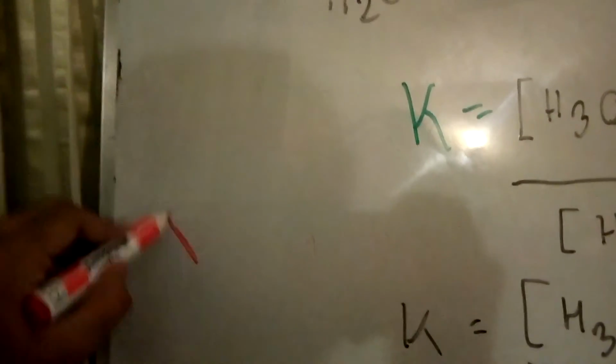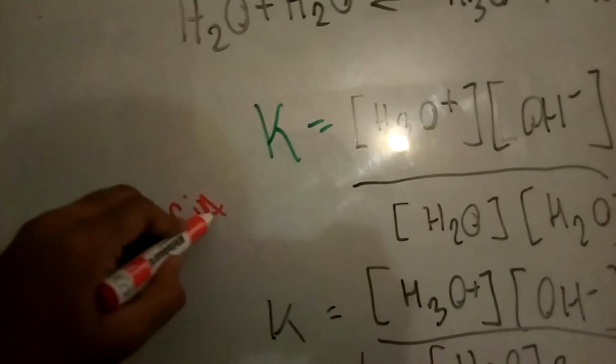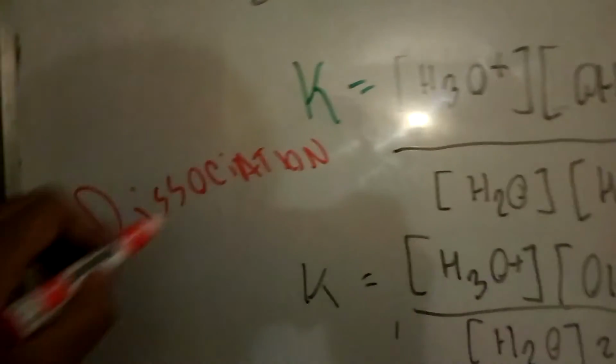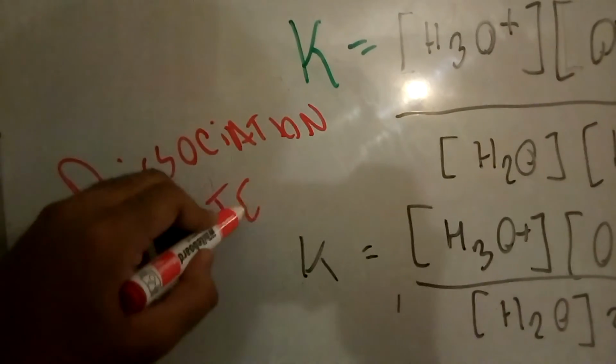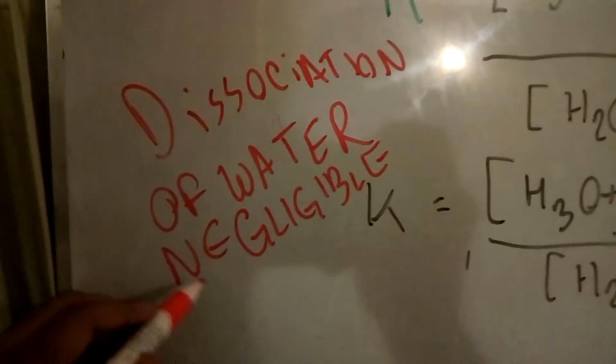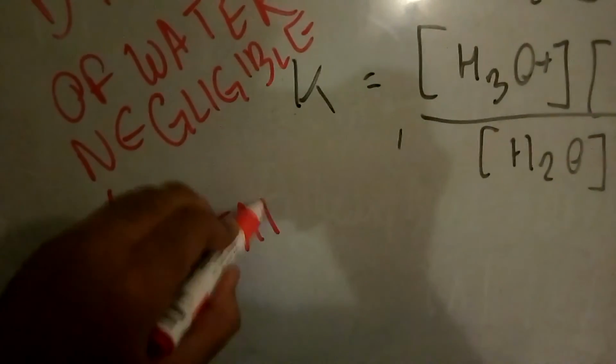Now, one thing we know is that the dissociation of water is negligible. Let me write that down. Dissociation of water is negligible, and it's also at the same time a constant.